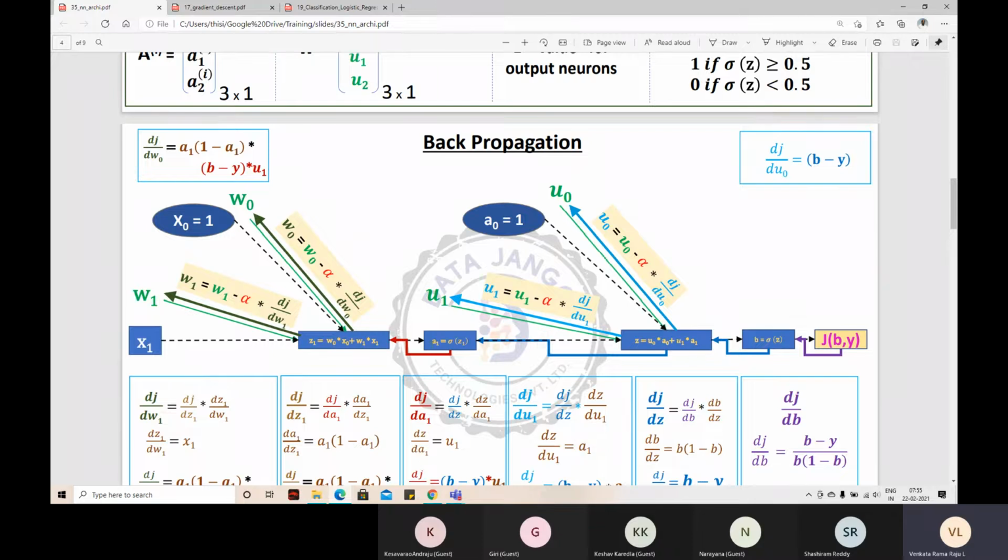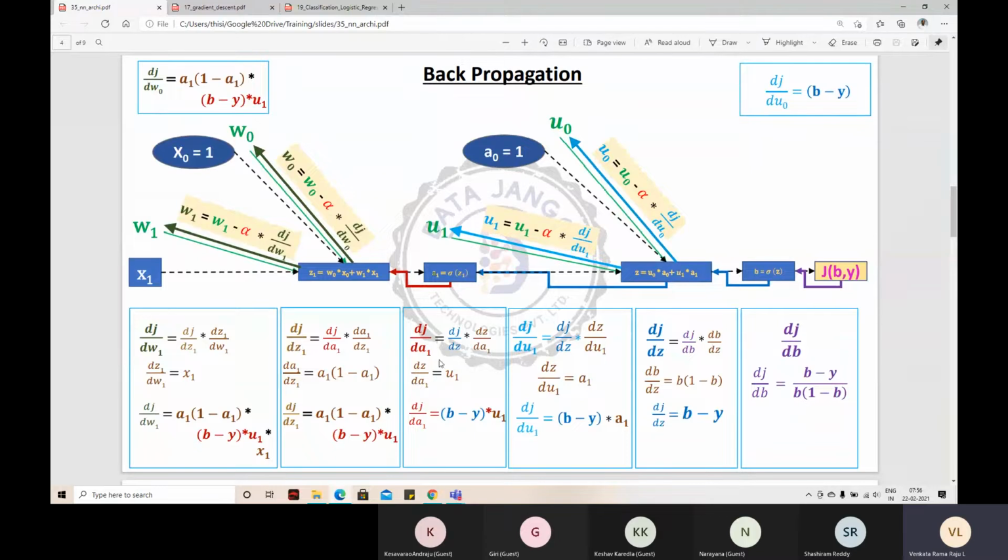When it becomes too big, during back propagation, the back propagation may not happen because this derivative may become 0. When that becomes 0, w0 is equal to w0 minus alpha into 0, w1 is equal to w1 minus alpha into 0, like that.